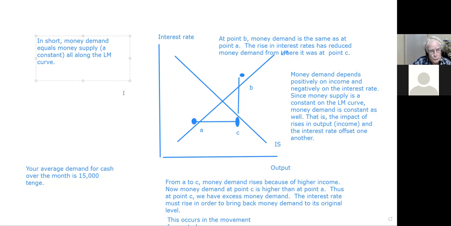Okay, now suppose that something happens to reduce money demand. Something outside of the model that we're talking about, technology. Then along the initial LM curve, we now have excess money supply. We don't demand so much money as before.